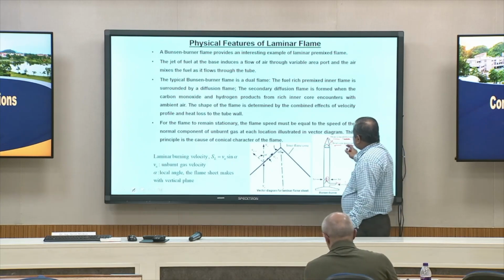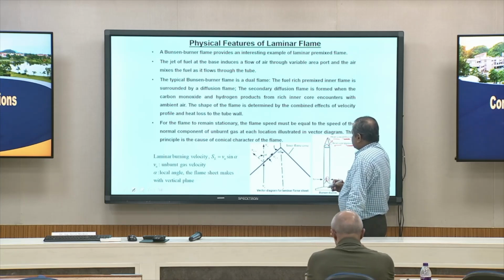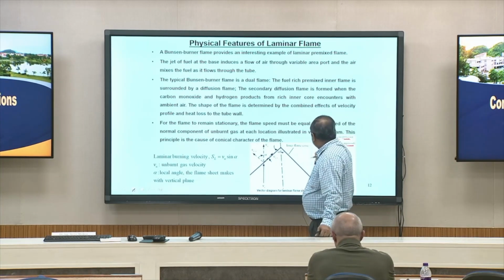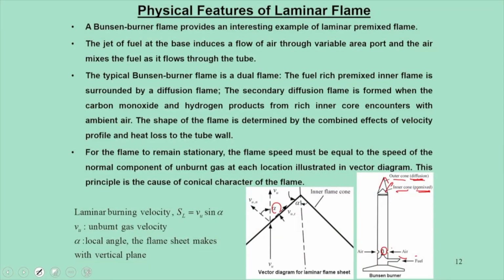Now coming back to this inner flame cone, if you try to mathematically model the analysis, we can have one angle. Since it is an inner cone, we can define an angle alpha, which is called the local angle. The flame sheet meets a vertical plane, and there we have two velocities. One is the unburnt gas velocity.